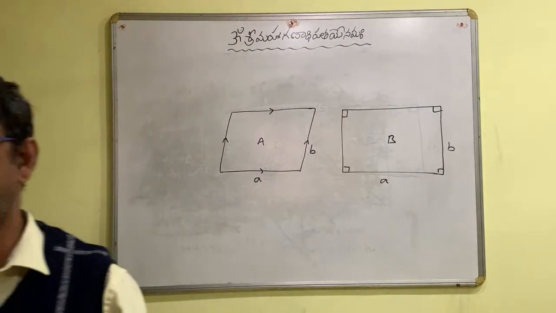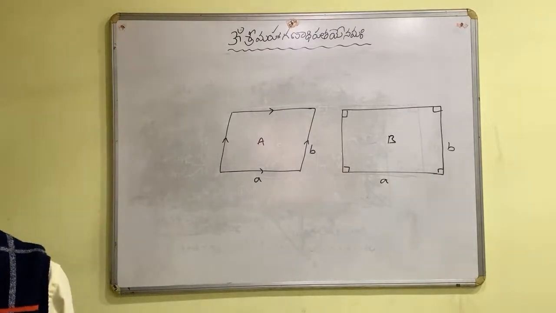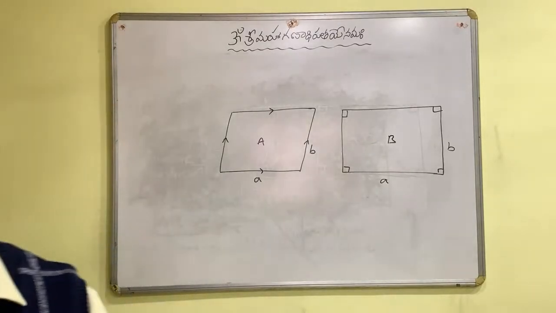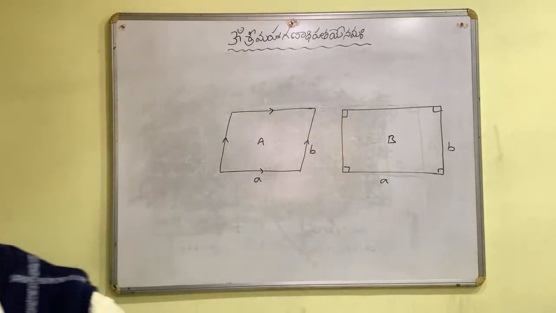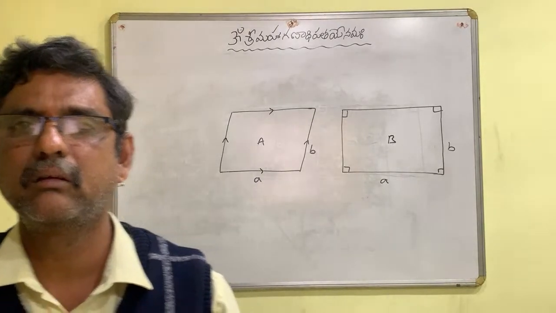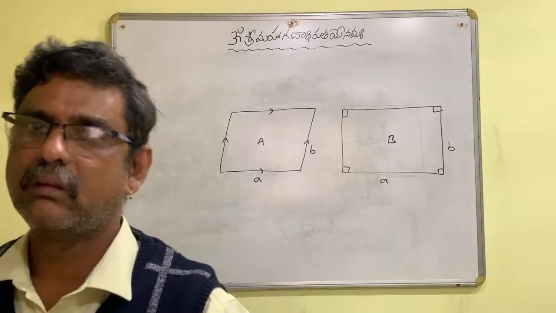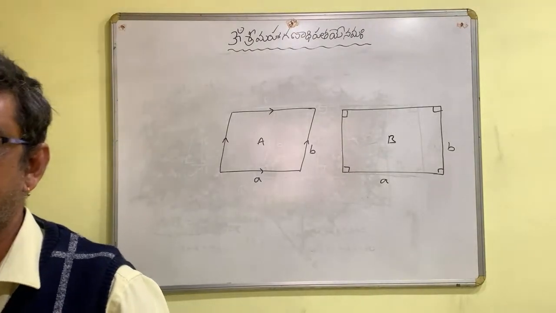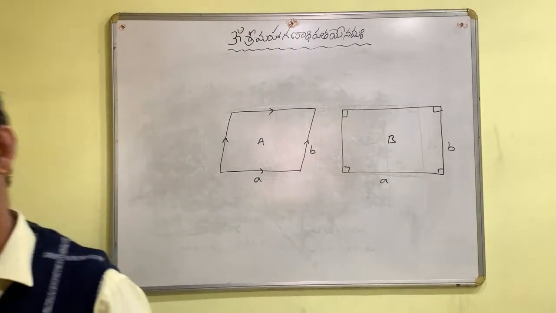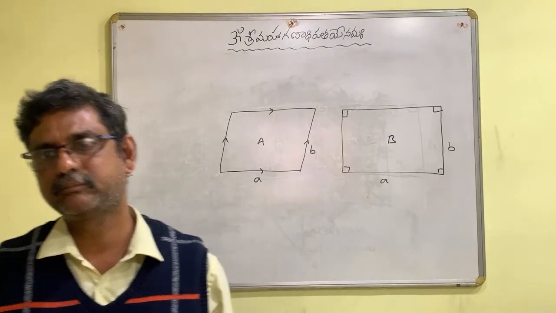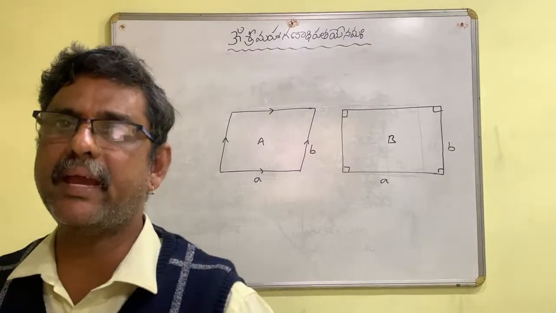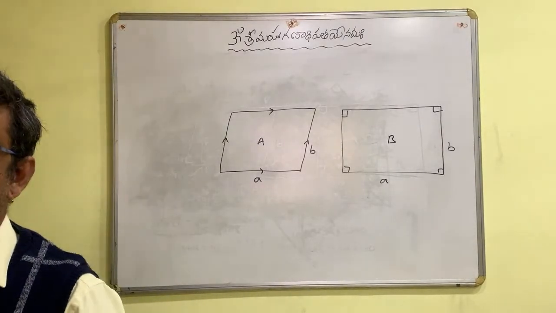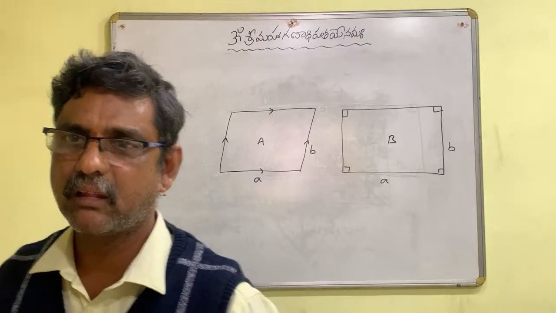Area of rectangle is length into breadth, area of parallelogram is base into height. Srujan, Srujay. So can I say your area of parallelogram is A into B, Srujan? Can I take B as height? A base, B height తీసుకోవచ్చా?